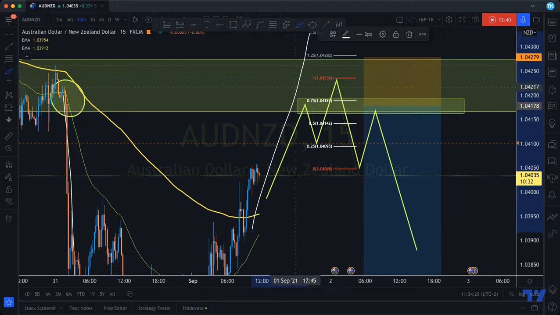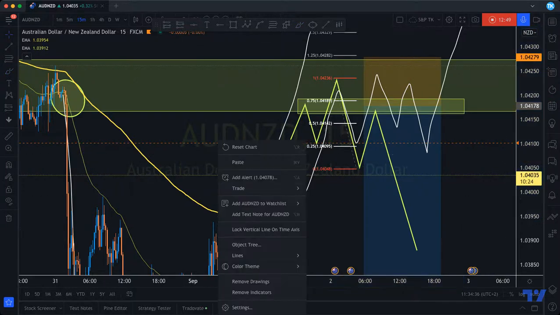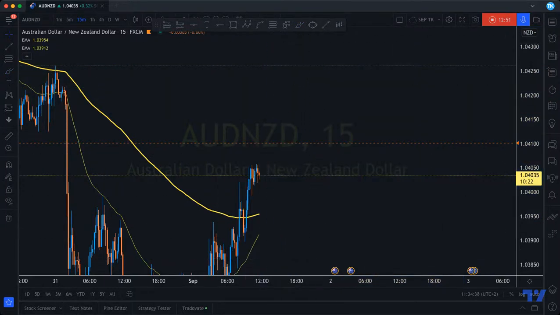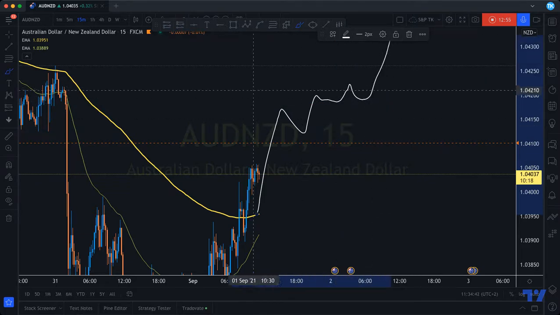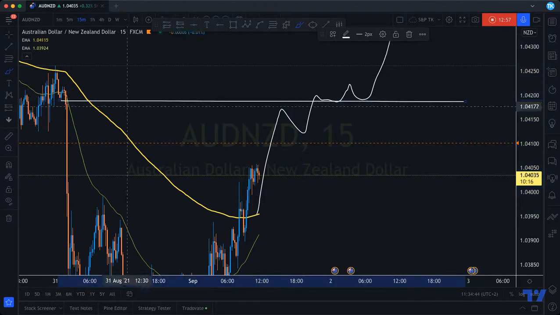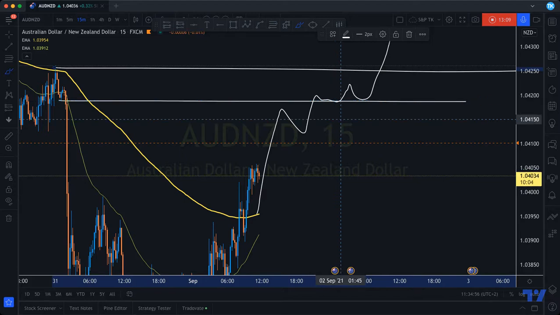If price wants to break the zone, it will do like this, or it will do like this, if this is the zone. But usually a reaction takes place.